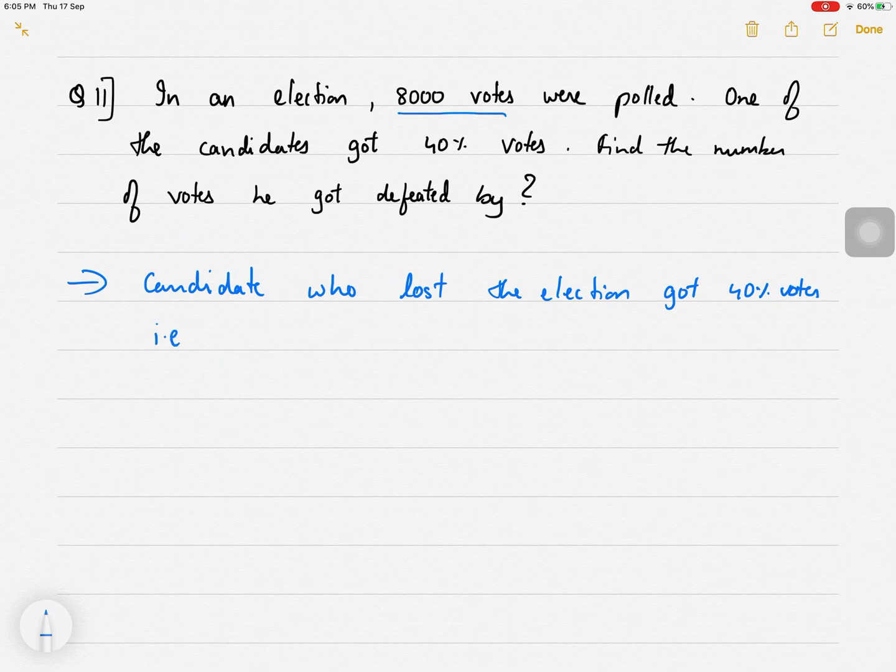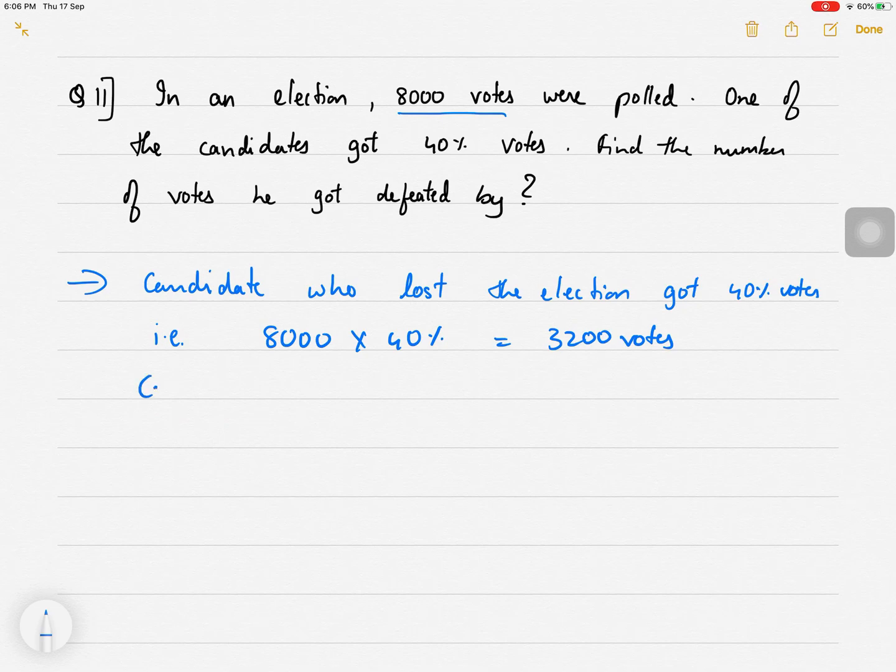So that means 40% votes means 8,000 into 40%. So 8,000 into 40%, please calculate. 8,000 into 40 divided by 100. So it comes to 3,200 votes, right? Yeah, 3,200.